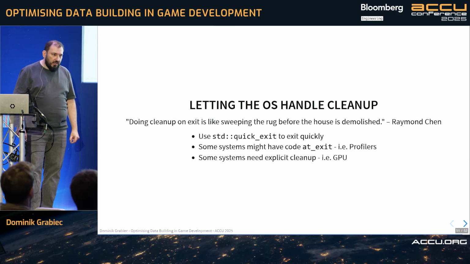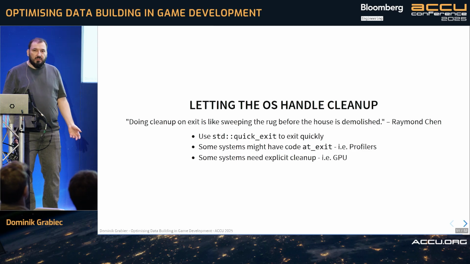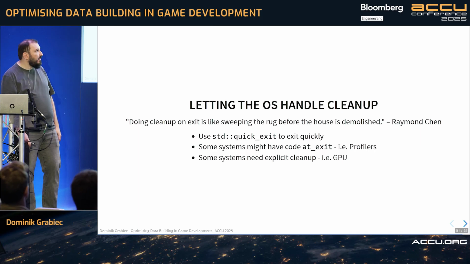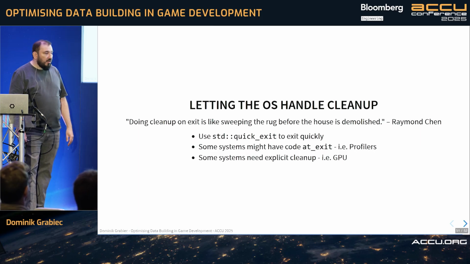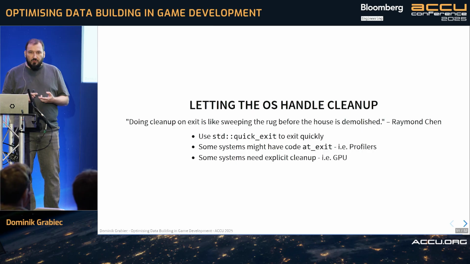And then the final one is to let the OS handle some cleanup. You don't necessarily need to deallocate all the memory, especially at the end of the program. There are some things you do need to clean up, like GPU resources, which you need to explicitly clean up.